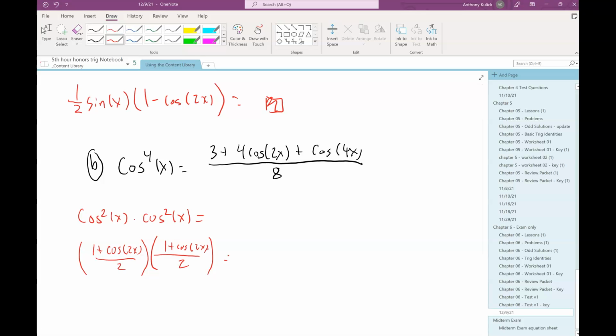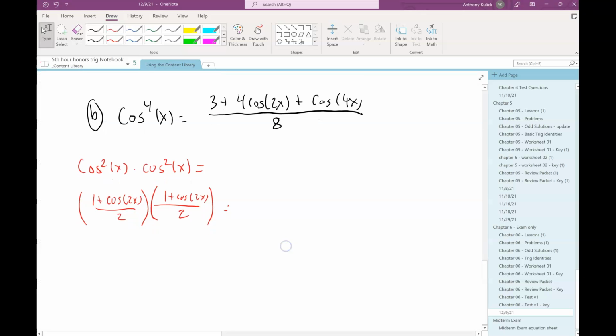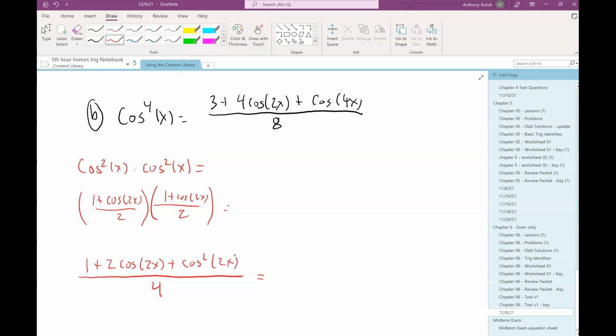Everybody cool with that? If I multiply the numerators out, I'd have to FOIL that. I'm just going to write out the FOILed out solution here rather than show all the silly little steps. And then we multiply the denominators together. Everybody okay to hear?